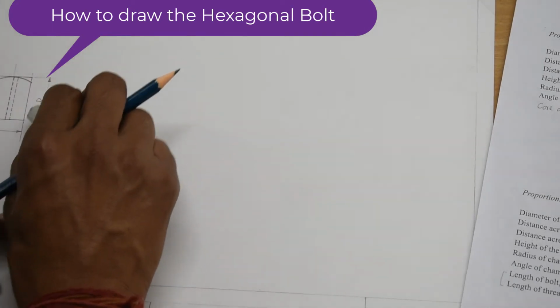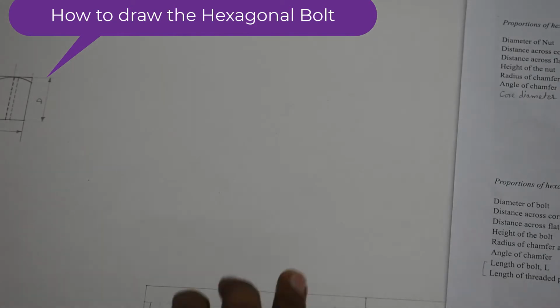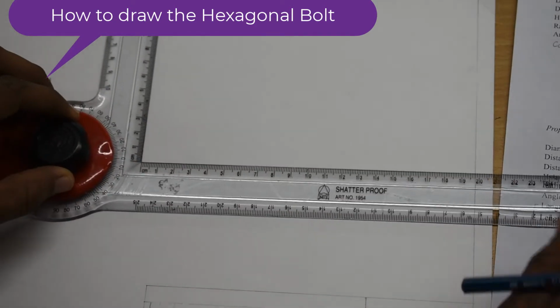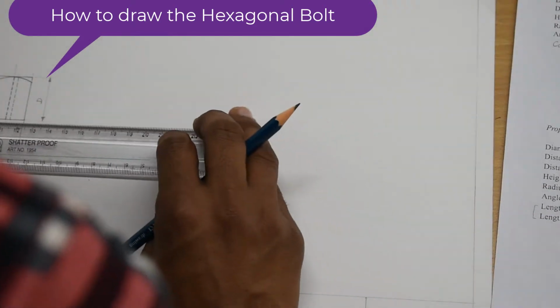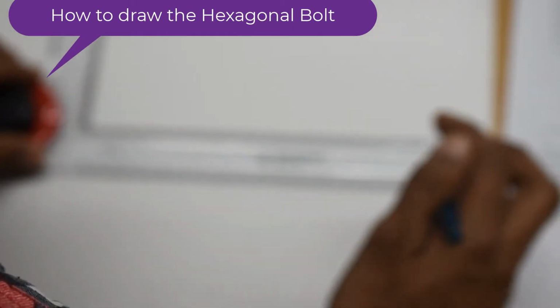Now we will draw the front view and top view of this hexagonal bolt. Now I will draw first the center line.